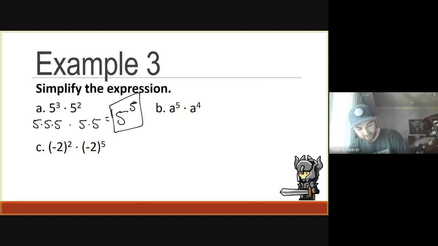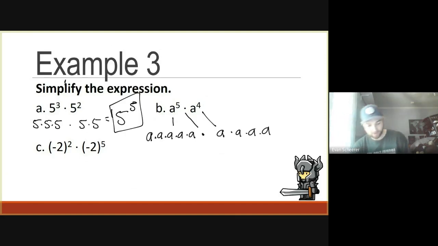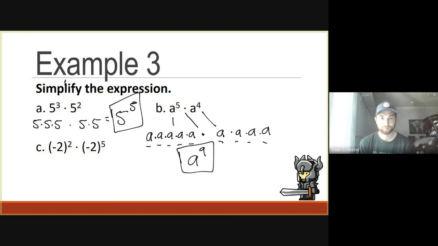For the second one, a to the 5th is a times a times a times a times a. And then that goes there, and then a to the 4th is a times a times a times a. Well, there's 1, 2, 3, 4, 5, 6, 7, 8, 9. So that's a to the 9th power, right?